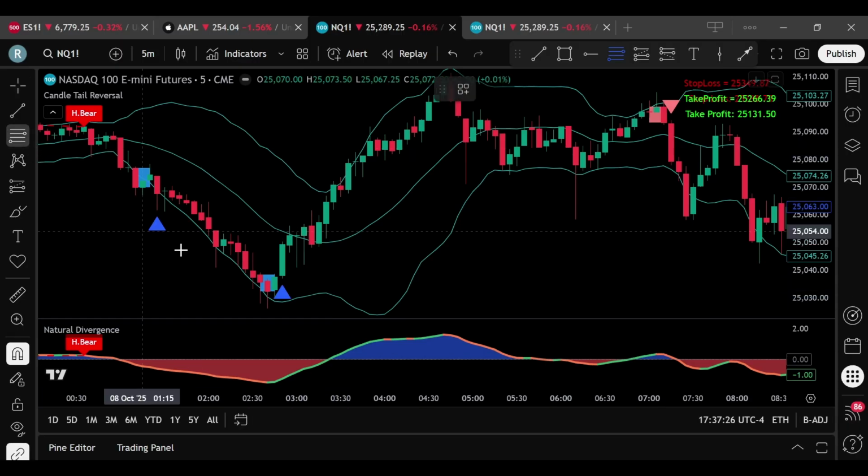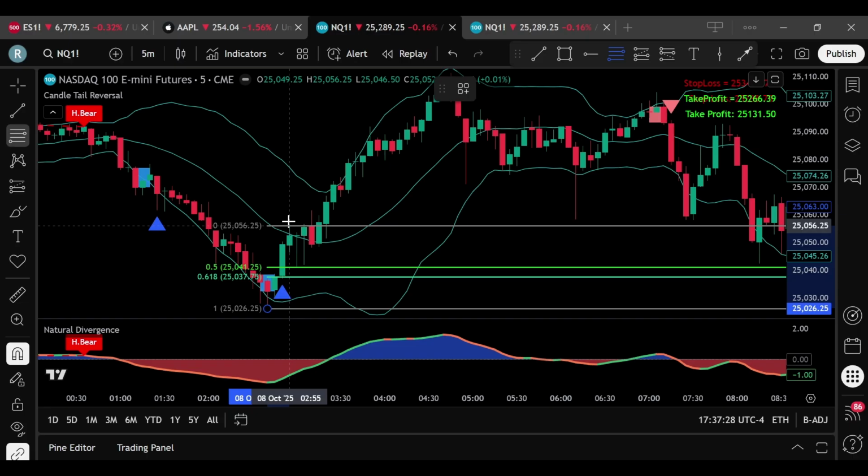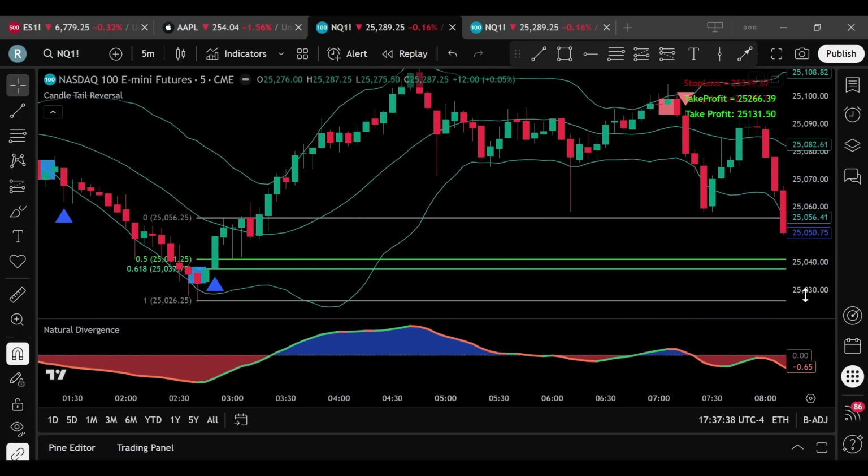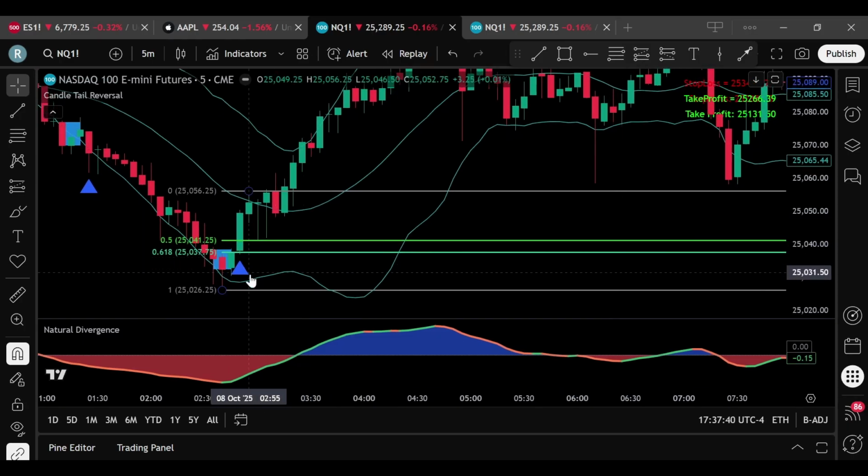And actually, let's see if the range would have worked out. It does touch the 50% mark right there, just barely. But with these confluences already here, again, the natural momentum part giving us the sign that bearish momentum is exhausted, right as we see a buy signal from the candle tail reversal, taking it as this candle closes would have been just fine.